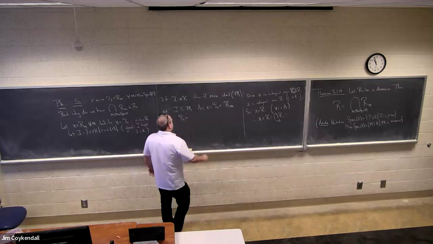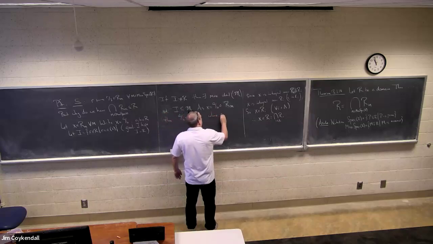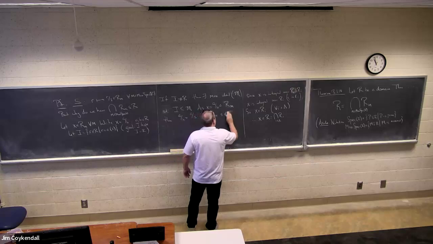So A over B should be written as C over S, where S is not in M.